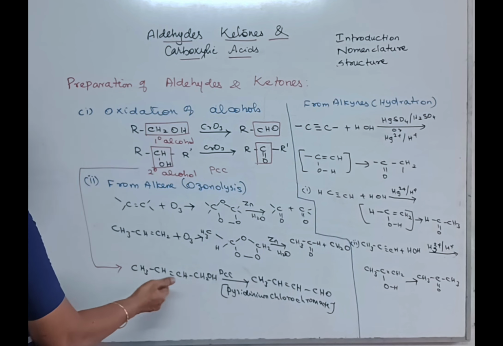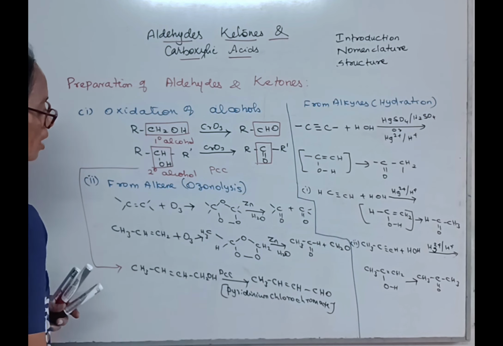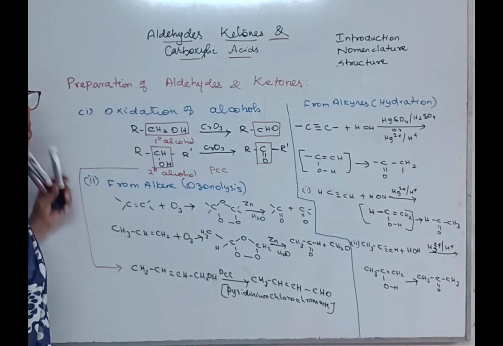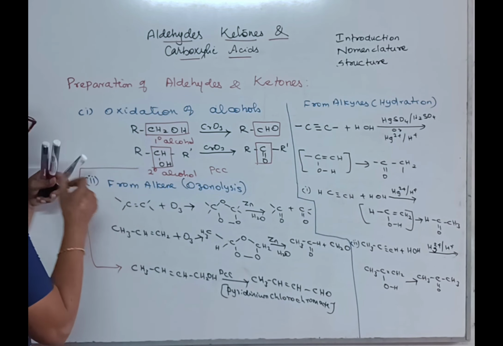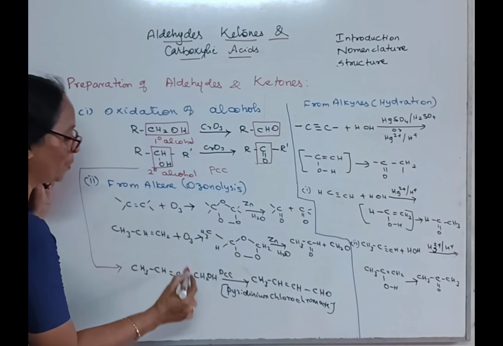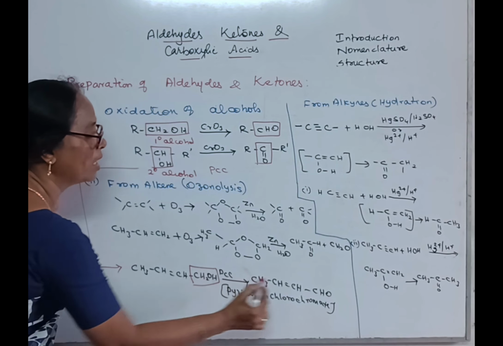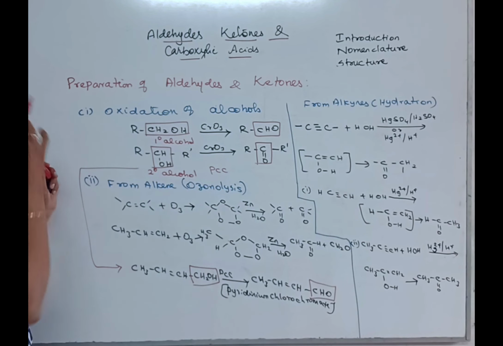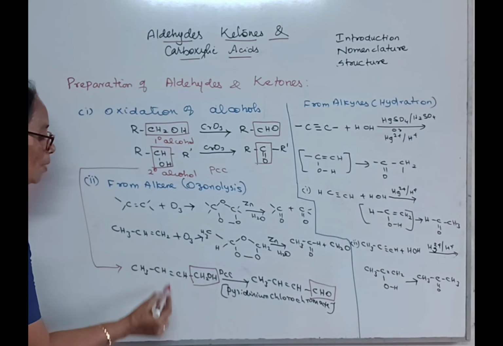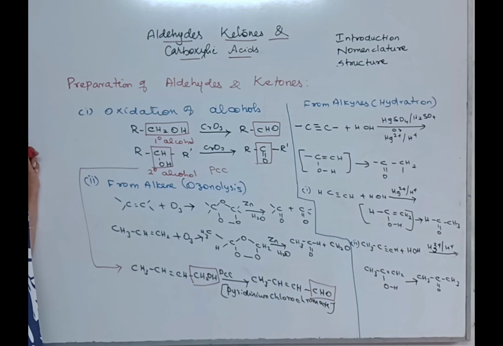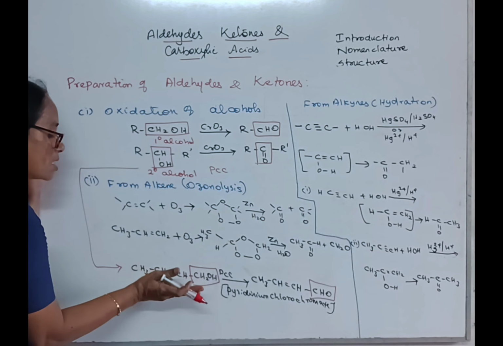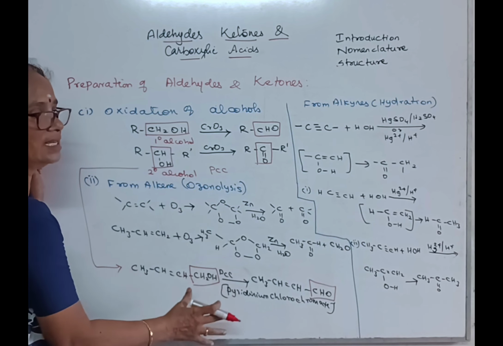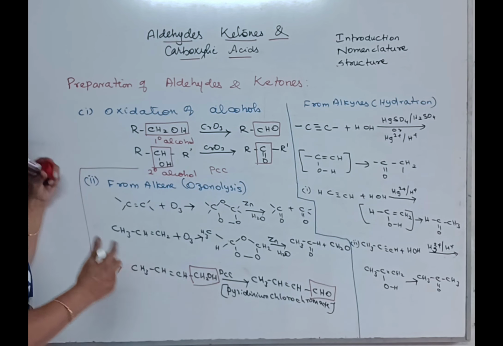The name is but-2-en-1-ol. When it is oxidized by pyridinium chlorochromate, it oxidizes only the primary alcoholic group to the aldehyde. Suppose you use chromic oxide here; this double bond will also get oxidized. So to prevent the oxidation of the double bond, we have to take selective oxidizing agents for such cases.